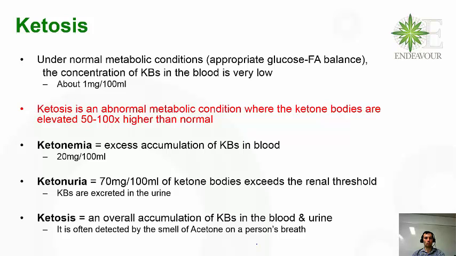If there's more than 70 milligrams of ketone bodies per 100 ml, then you can actually see the ketone bodies being excreted in the urine. So ketosis is the general term we use to describe the accumulation of ketone bodies in the blood and the urine. And you might also be able to smell the presence of acetone on the person's breath as well, because remember, acetone is exhaled.